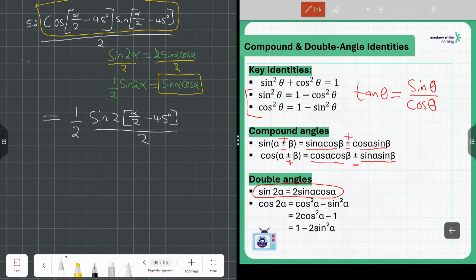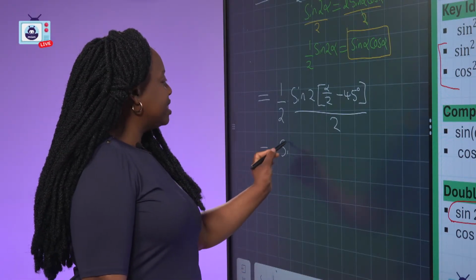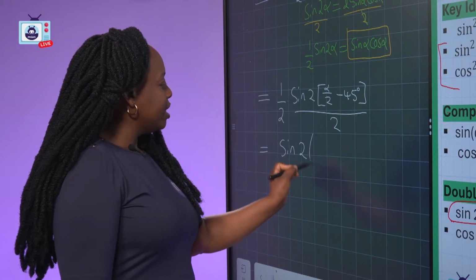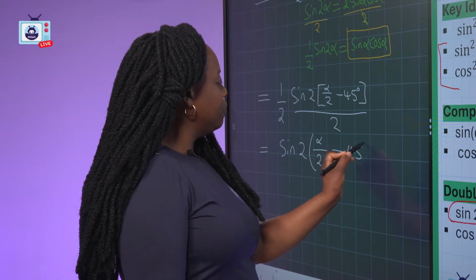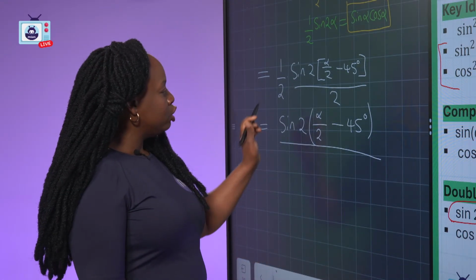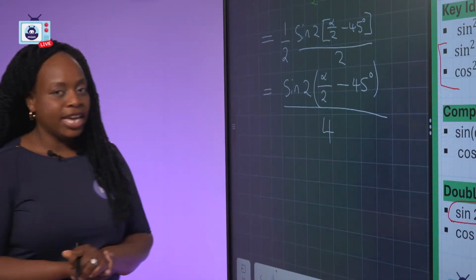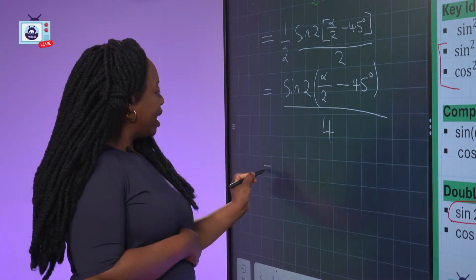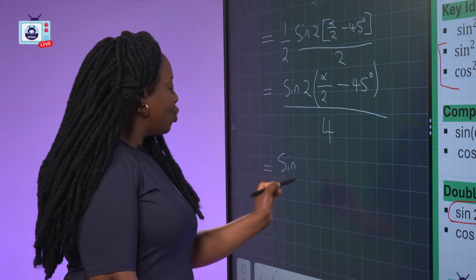If that's the case, that simply means I have numerators and denominators, and I'll multiply them across. So I have sine of 2 within a bracket of alpha divided by 2 minus 45, like that. And then all of this will be divided by 2 times 2, which is now 4. I hope you can capture that. Then we can work it out so that we remain with what we want. We manipulate, we simplify, do what we have to do.